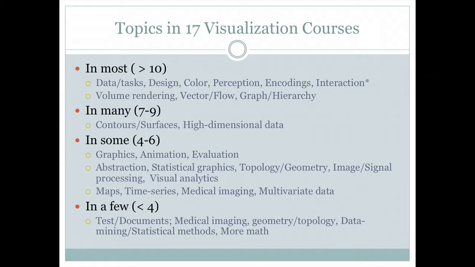And then some technique things: volume rendering, vectors, flow, graph, and hierarchy. That's a set of things that, if one wanted to be controversial, one could probably call solved in some circumstances. There were things in many of these courses, so 7 to 9 out of the 17: contours and surfaces and high dimensional data.